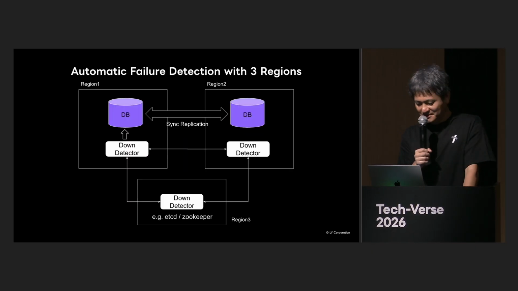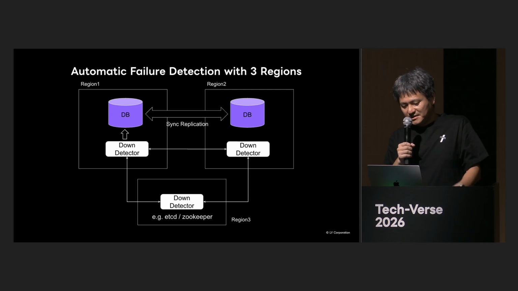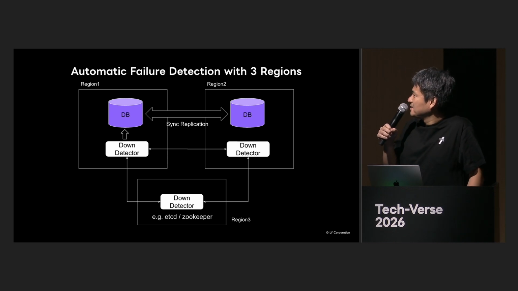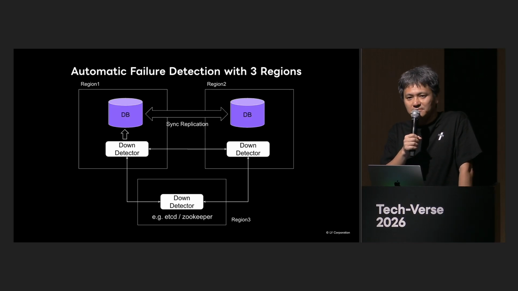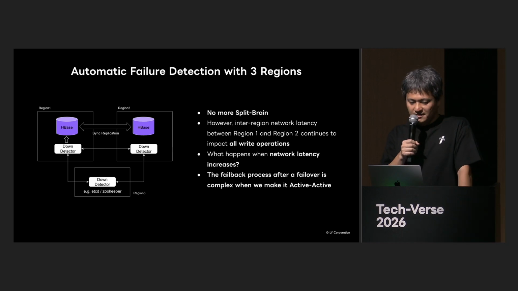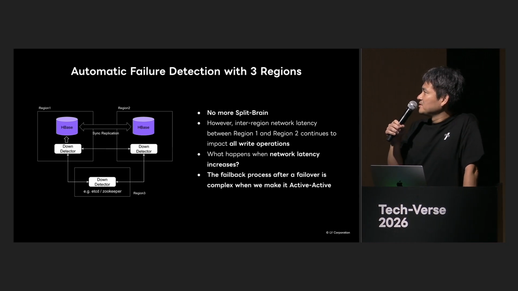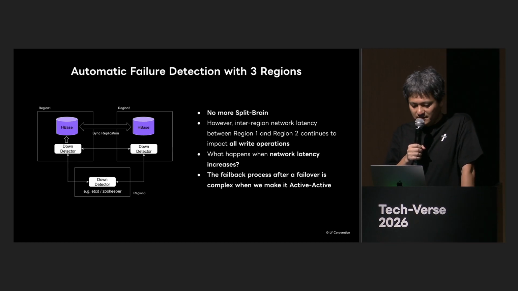It's quite difficult. So, what should we do? Generally, split brain is solved, as shown in this diagram, by bringing in a third region and making it act as an arbitrator. We introduce the third option, which prevents split brains.